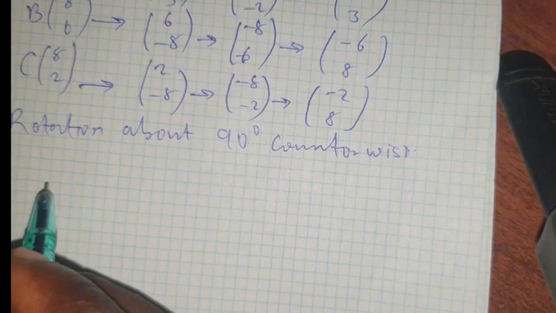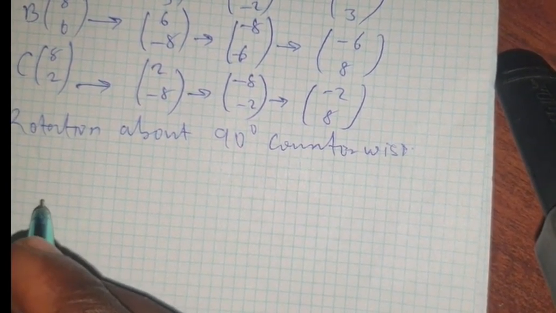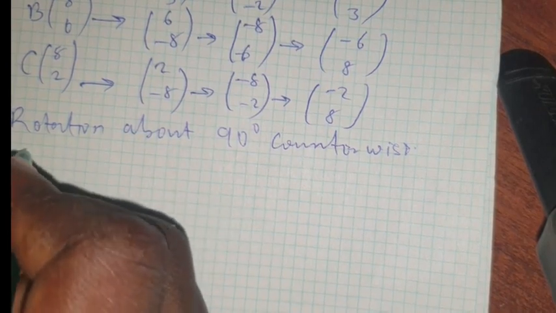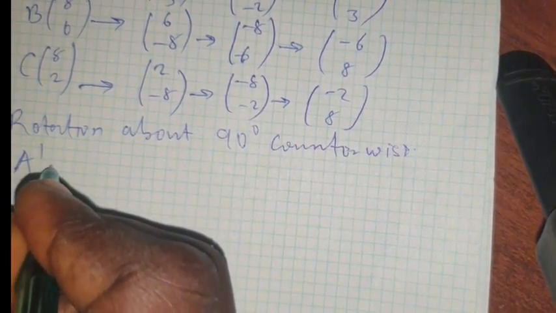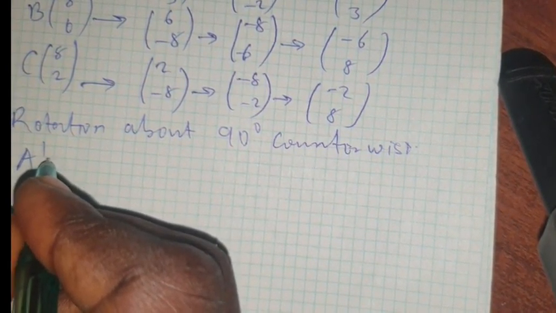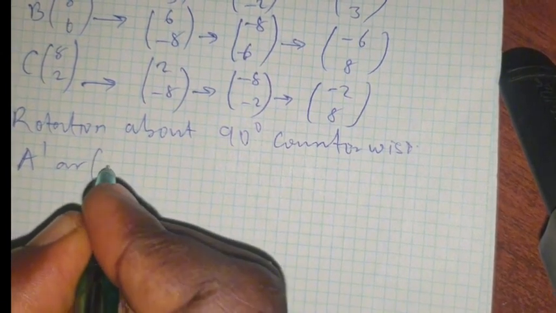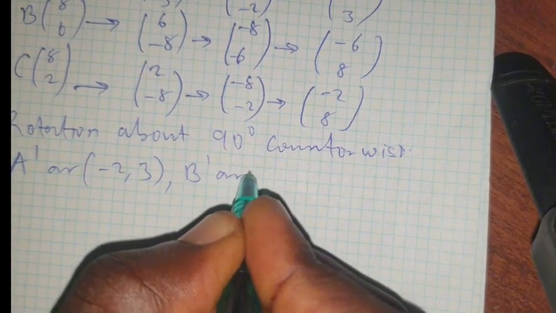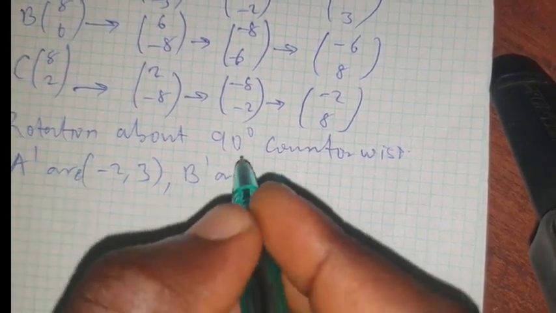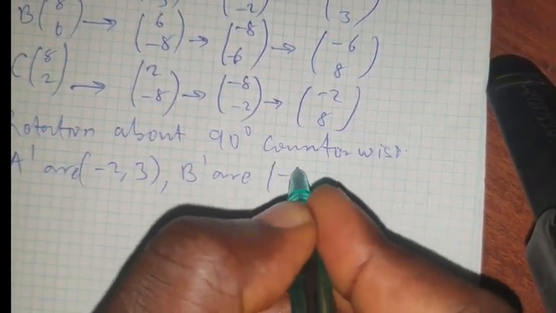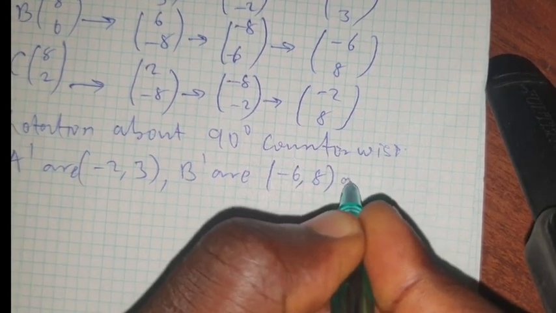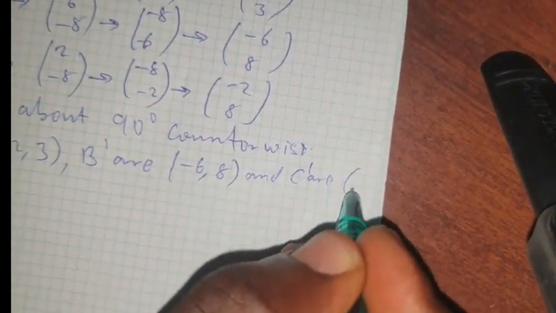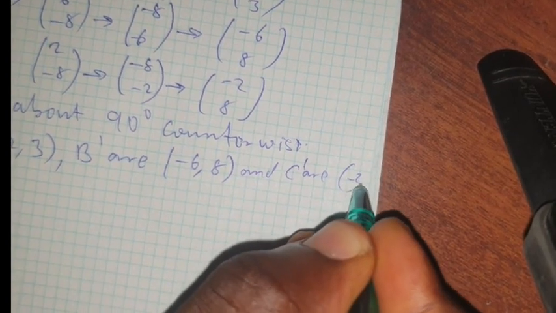So A prime is minus 2, 3, B prime is minus 6, 8, and C prime is minus 2, 8.